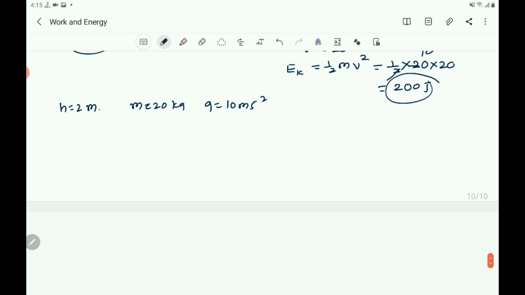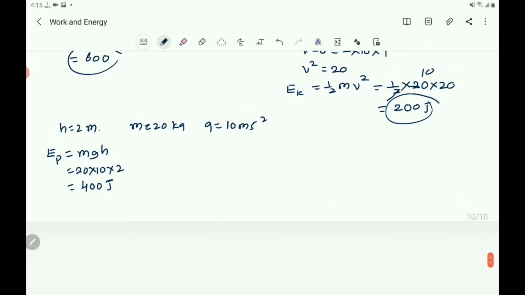Here you find potential energy Ep, m g h, m is 20, g is 10 and height is 2. So it is 20 into 10 into 2, you got 400 joules.